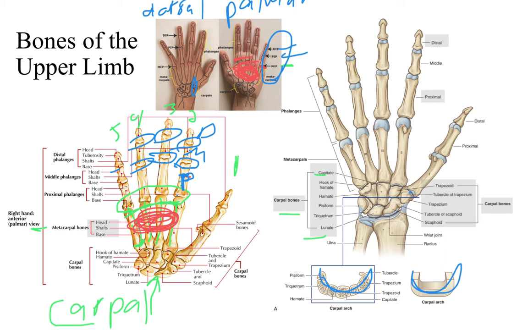If you remember in your foot, with the tarsal bones, your transverse arch. So this carpal arch would be very similar to your transverse arch. If you rest your hand on the table without using any muscles, you notice that there is somewhat of a cup to it, and that's a result of that carpal arch.